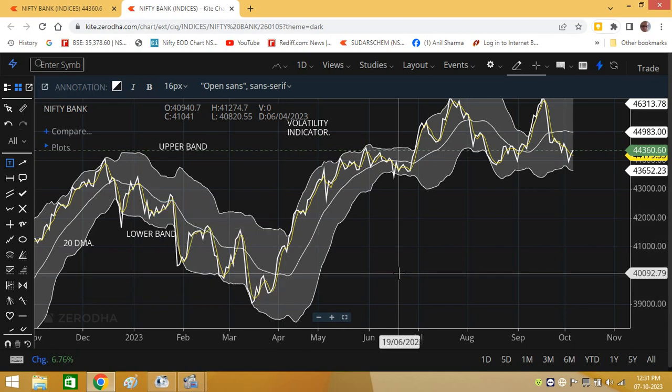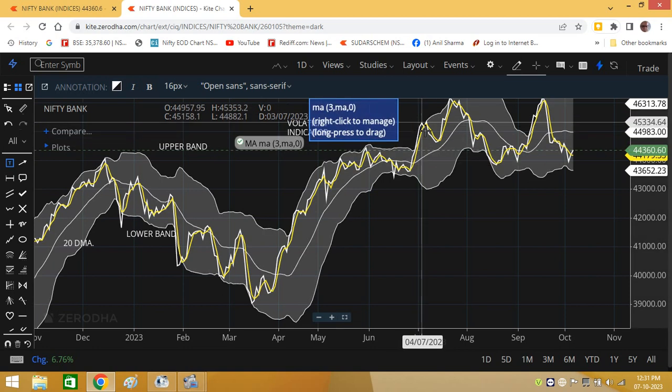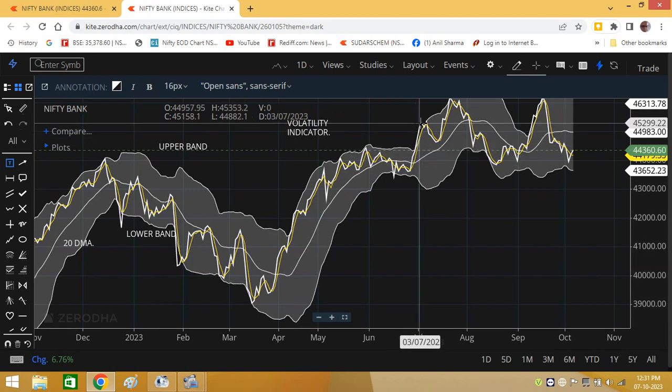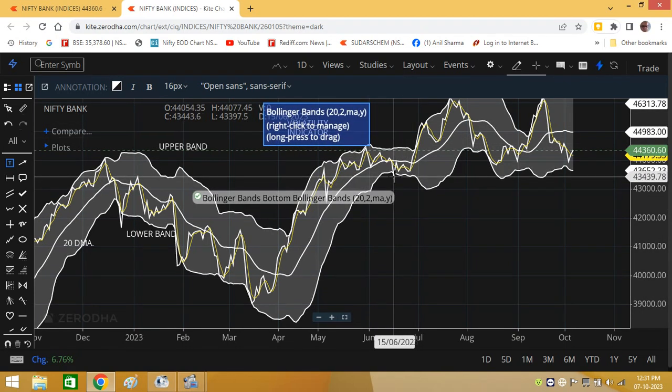Now when the price is above the band, you can see this white one is the price above the band, this is actually the overbought zone. And when the price is below the lower band, it is known as the oversold zone. I will repeat, friends, once again.